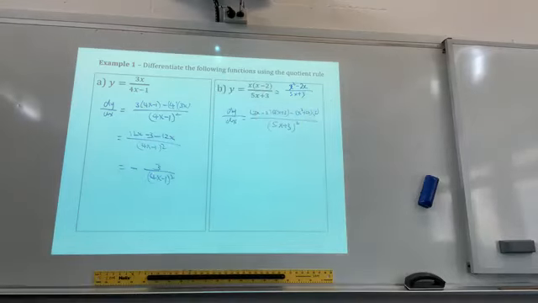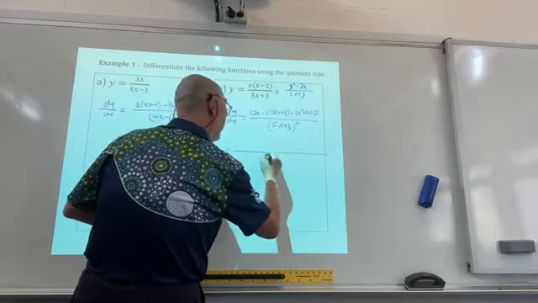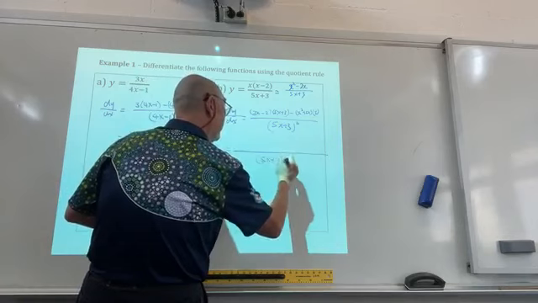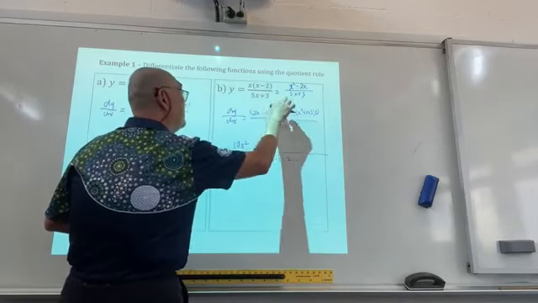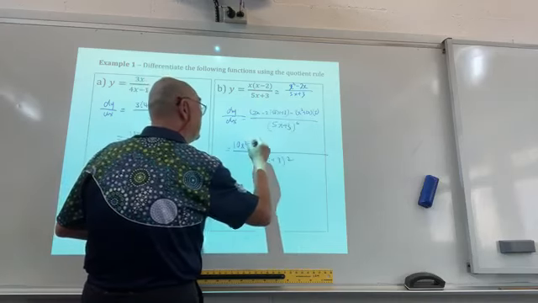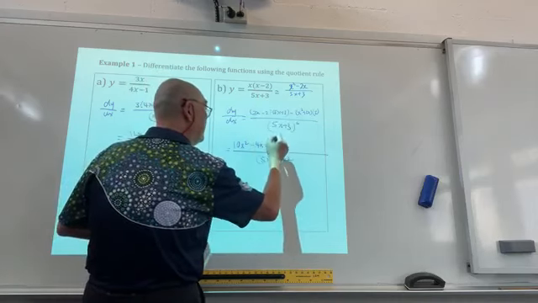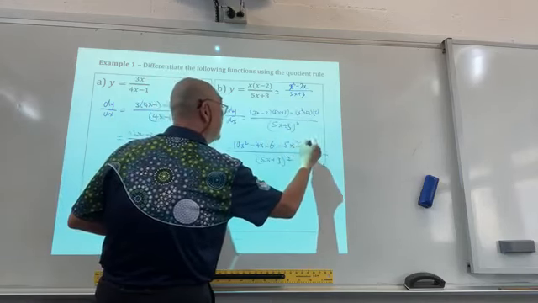So therefore, expanding that, I've got 5x plus 3 all squared in the denominator. The numerator is 2x times 5x, which is 10x squared, minus 10x plus 6x minus 4x minus 6, minus 5x squared minus 10x.